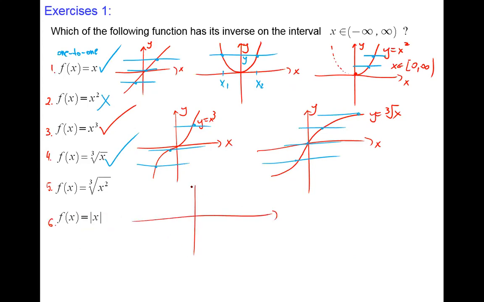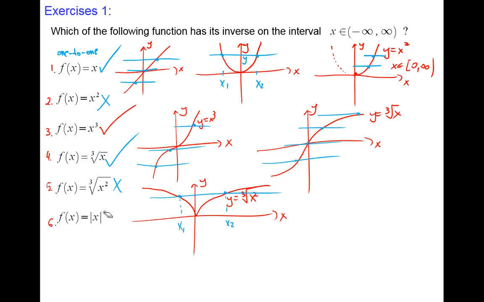That means the function looks like this. Okay, this is cube root of x squared. And of course, it's not one-to-one because we do have the same value taken twice.